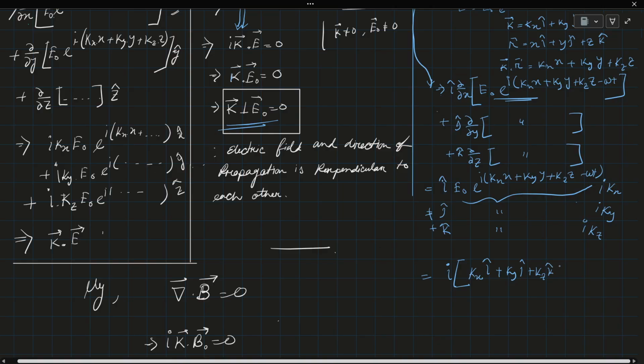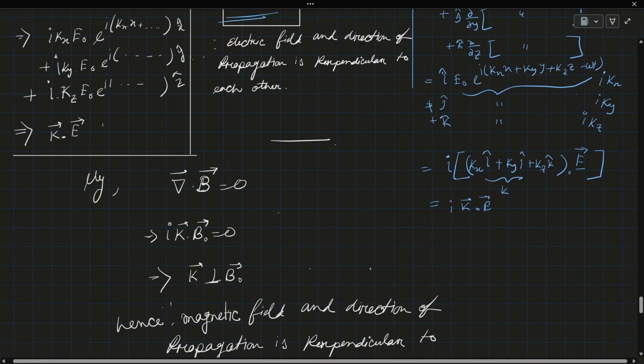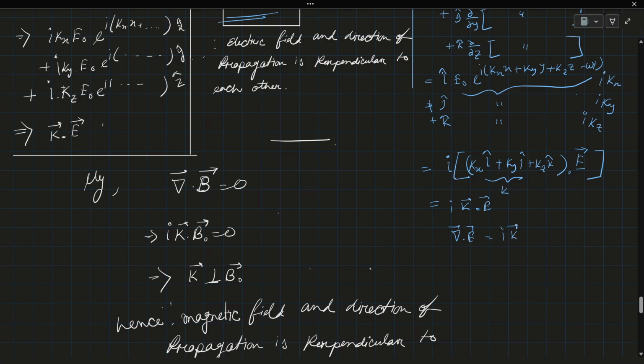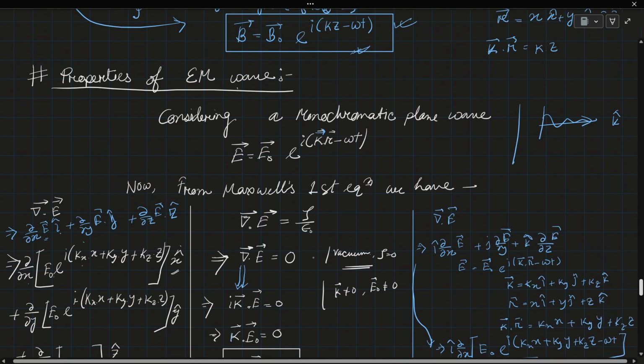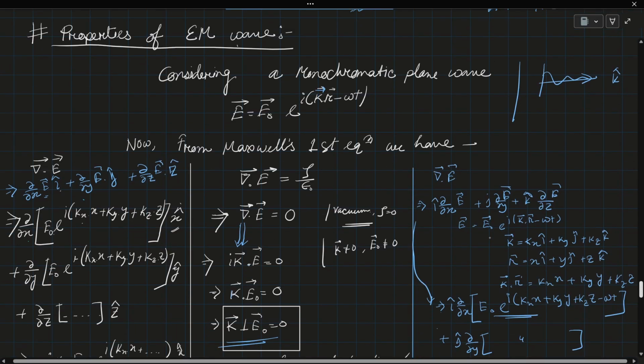This whole thing is in a dot product with E, so it can be written as E. And this is the k vector, so i k dot E. What I have got is that del dot E is equal to i k dot E. This is how I was writing that del dot E equals i k dot E. I hope you all understand how I am getting this.